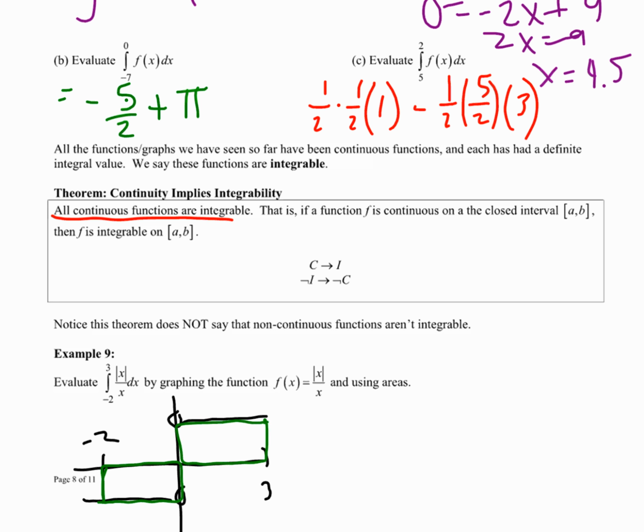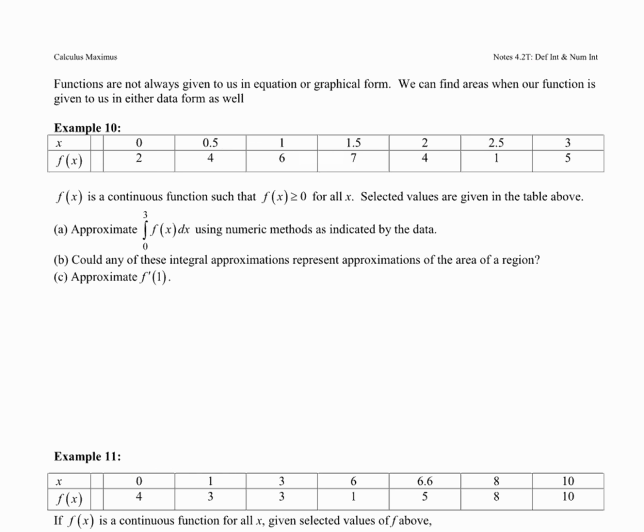The area of this rectangle is 2 by 1, or 2. The area of this one's 3. Now, checking the direction that we're traveling, we're going forward, so we're going to have -2 plus 3. So just because a function is not continuous doesn't mean that we can't find the integral value of it.